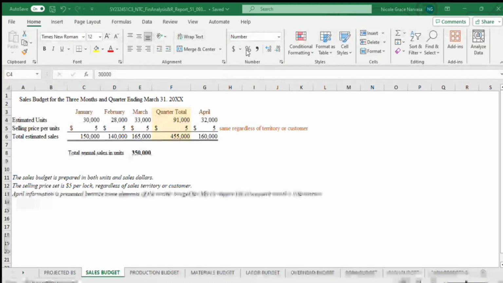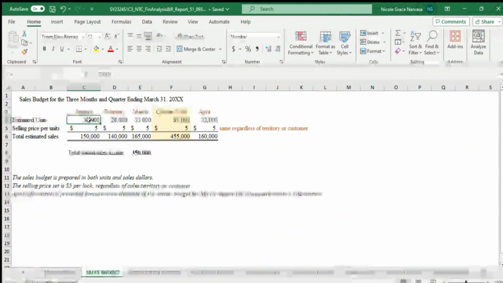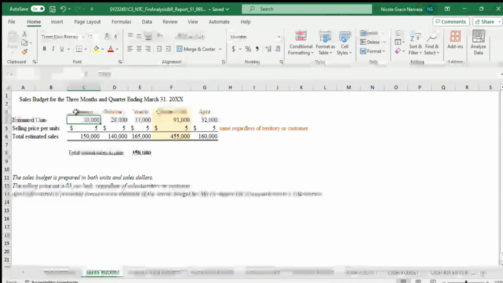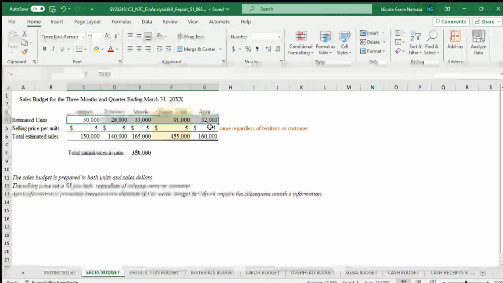And now for example of sales budget here. Sales budget for the 3 months and quarter ending March 31, 20XX. We have here the estimated units for January, February, March, quarter total, and we added a month here, the April, same regardless of territory or customer.